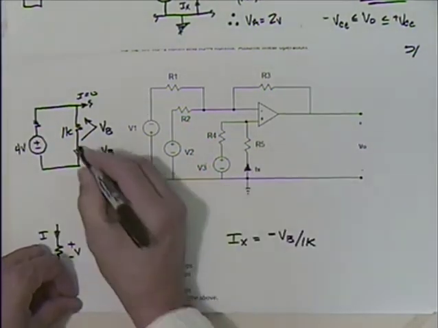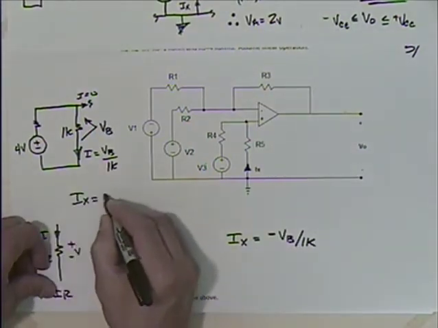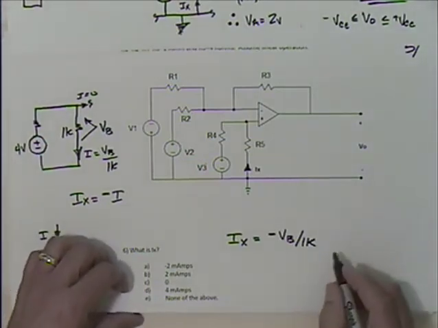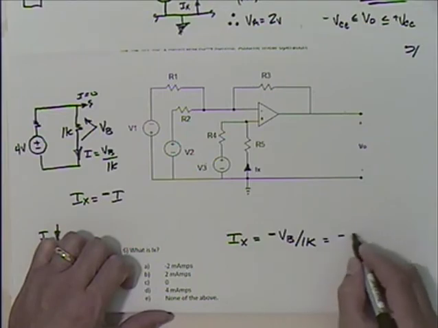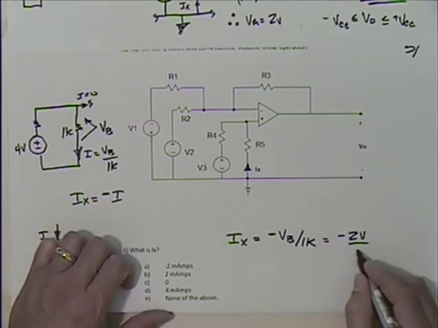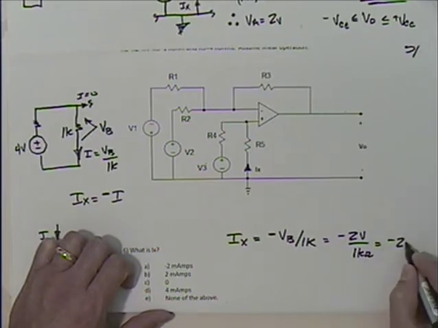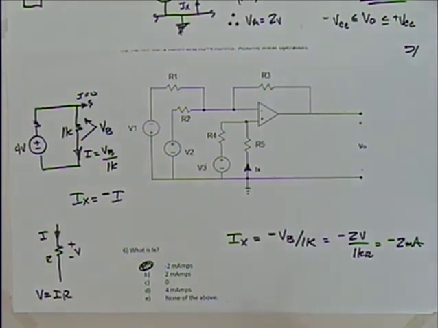IX is in the opposite direction of that, so IX would be equal to minus I. So when you get that, what do we come up with? We have minus 2 volts divided by 1K ohm, which is minus 2 milliamps. Answer A, minus 2 milliamps.